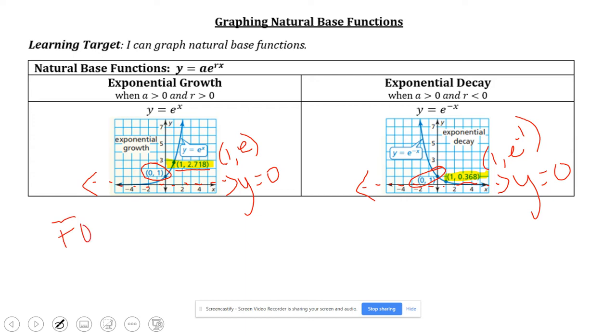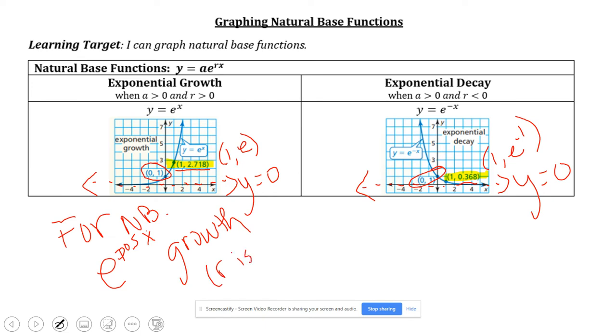So for natural base functions, if you have e to a positive x, this is going to be growth. That's r is positive.